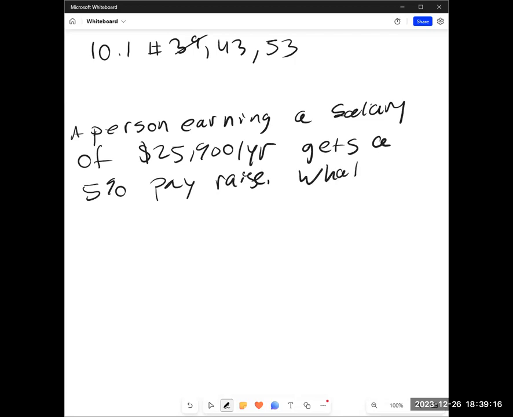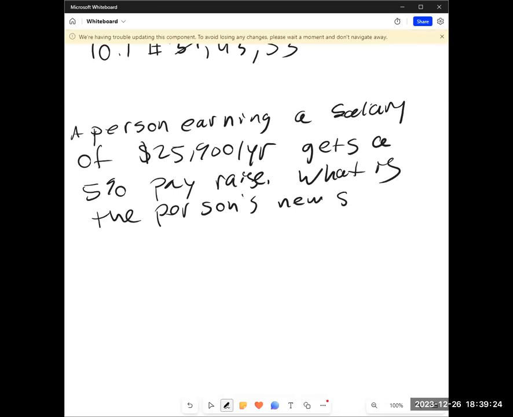What is the person's new salary? Salary means their income, and you're looking at annual salary because that's what was given to you up here. So don't worry about the per year part. Worry about that they're making 25,900 and you need to add 5% to that.